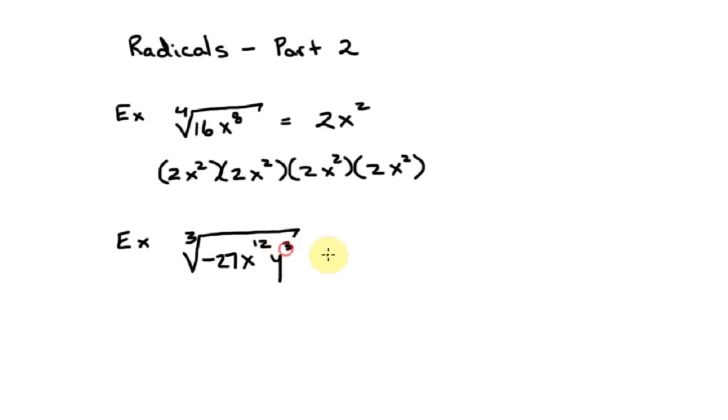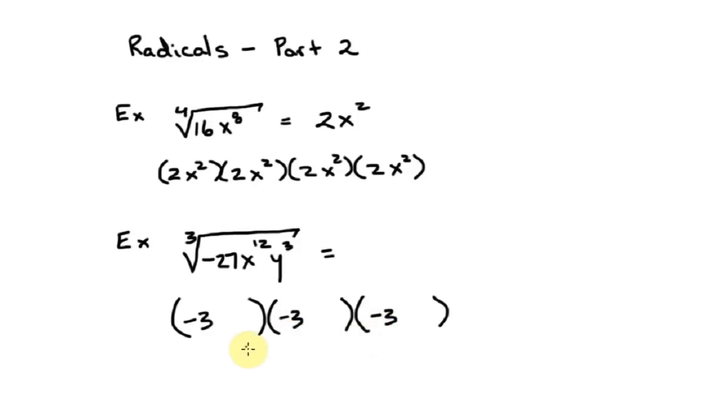Now, because it's a cube root, we're looking at making 3 groups. But I feel a little bit more in these groups because we've got more variables. We want to make each little bundle identical. So I'm thinking negative 3 times negative 3 times negative 3.